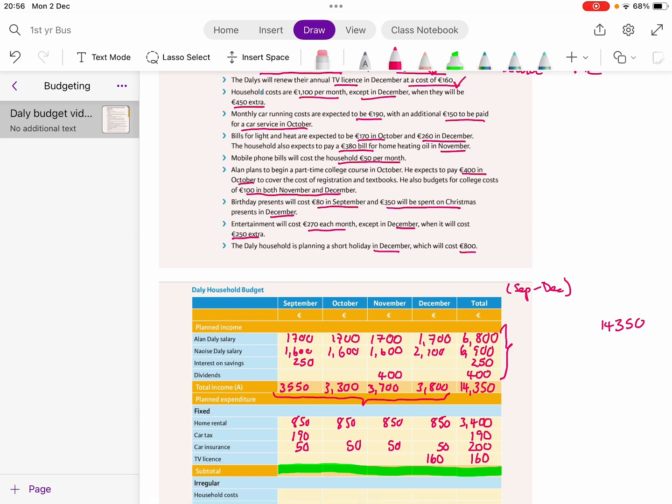So when I add my 850, my 190 and my €50 together, I get 1,090. I have 900. I have 900. And then I have 1,060.